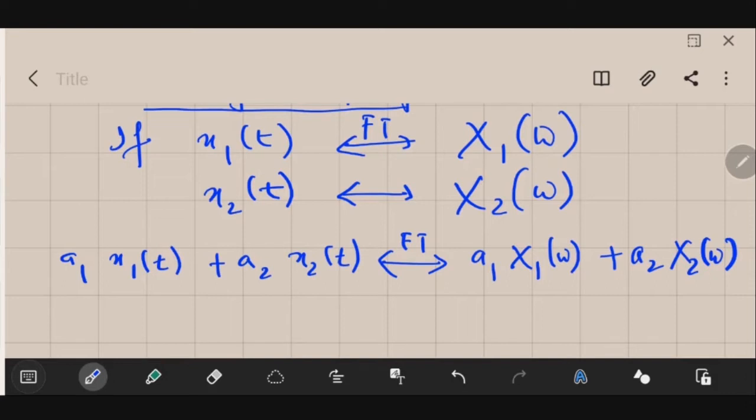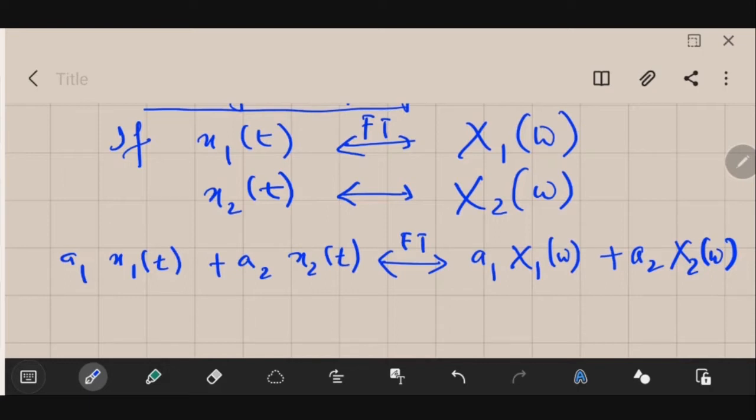So if you have cos omega ct and you want to find out the Fourier transform of it, then you could just disintegrate that into e to the power j omega ct plus e to the power minus j omega ct, divided by 2. So then if you know the Fourier transform of e to the power j omega ct and e to the power minus j omega ct, you could directly add their Fourier transforms and you could get the result. It is as simple as that.